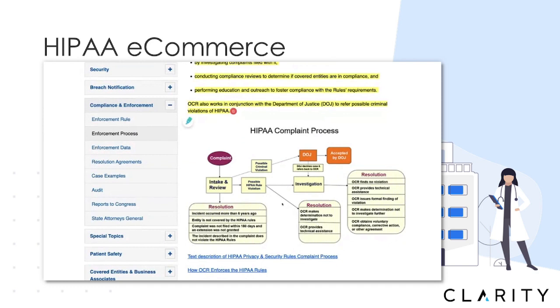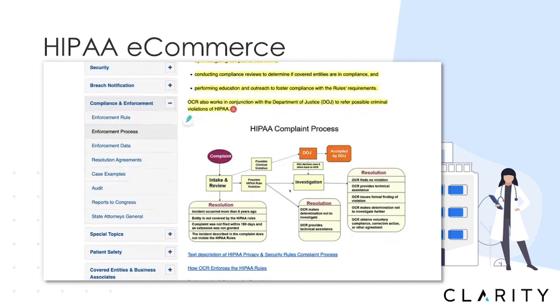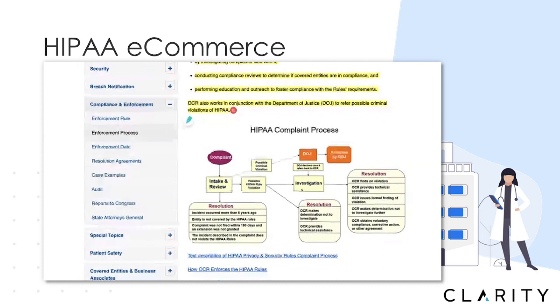Generally speaking, though, if it does go through the OCR, they're going to tend toward conducting an investigation unless they make a determination not to. And then they're just going to provide technical assistance, possibly down that resolution path. And, I think a lot of these scenarios end up falling into intake and review resolution, possible HIPAA rule violation, decide not to investigate, and they just make technical assistance available or recommendations.